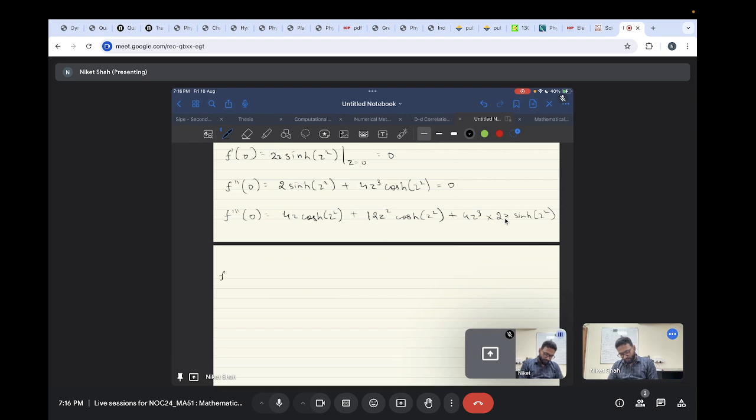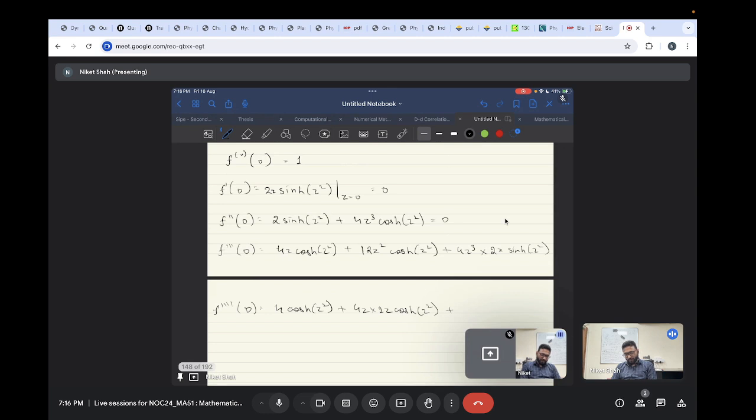Now the fourth derivative. You give me 4z square plus 4z into 2z cosh z square, plus there will be other terms. But because z equal to 0, every term here will also give me 0.